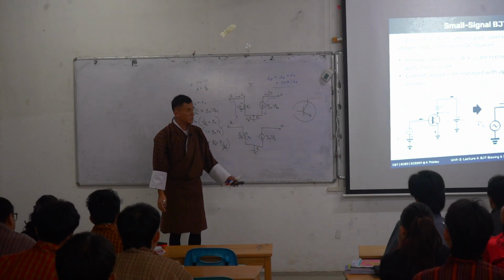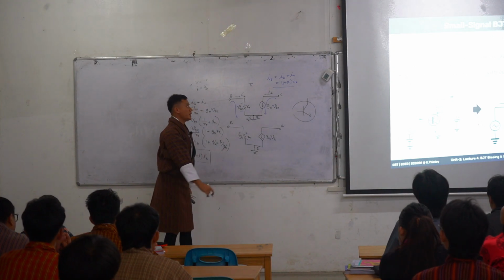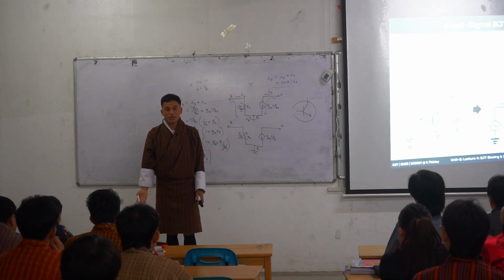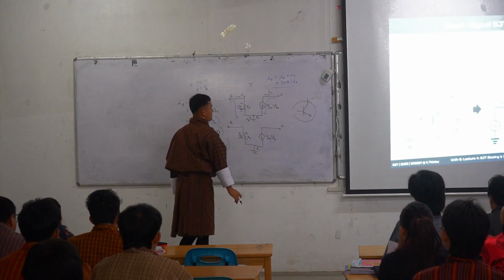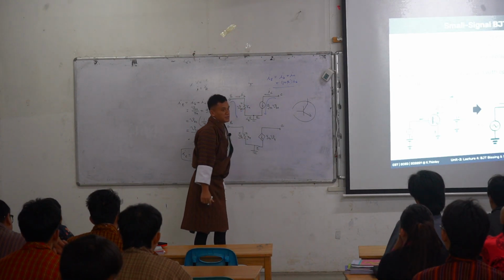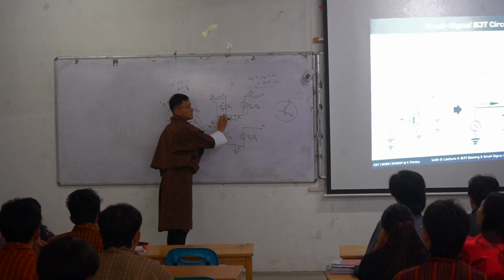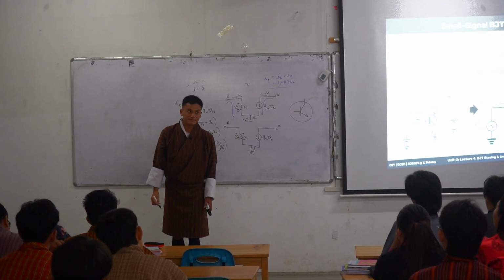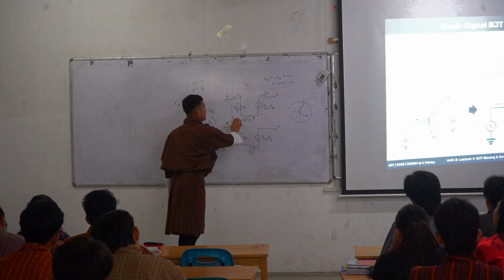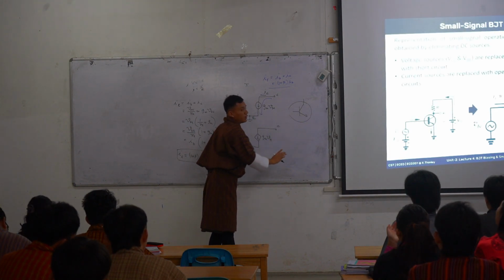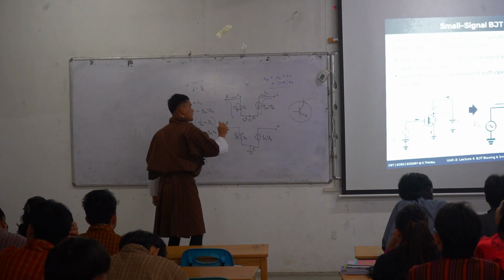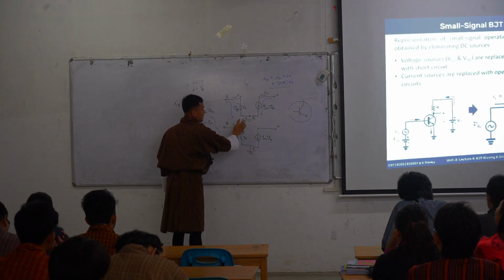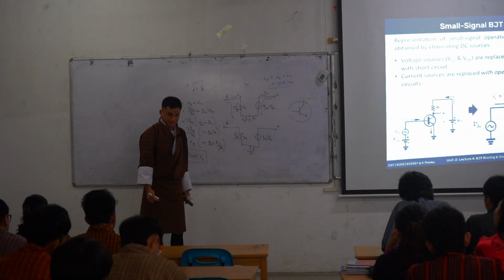That's why henceforth, when you do the AC analysis, we will always represent our BJT transistor with this equivalent circuit. Agree? So we will represent all of our BJT symbols in the AC analysis with this equivalent circuit, either this one or this one.